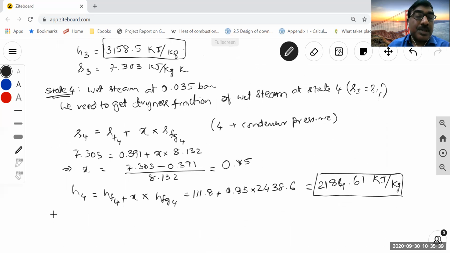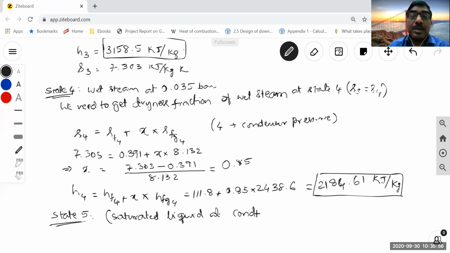Next state is state 5. What is the state here? Saturated liquid at condenser pressure, 0.035 bar.